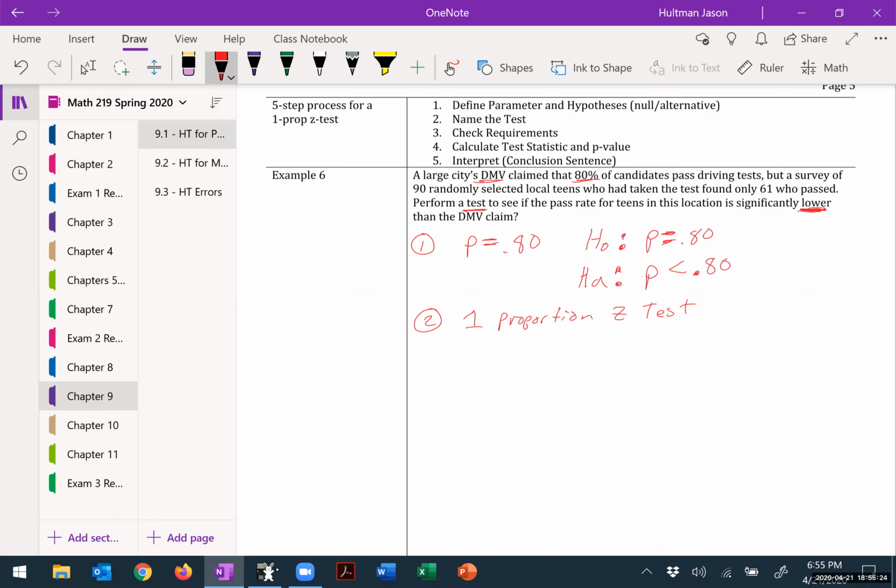And usually that's hyphenated. Or we call it a one prop z-test. If you want to abbreviate it, that's fine.